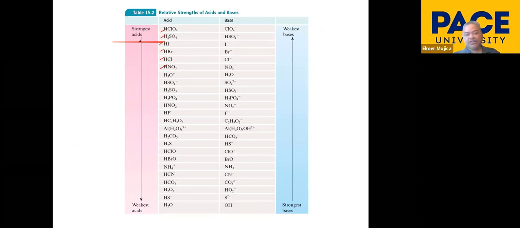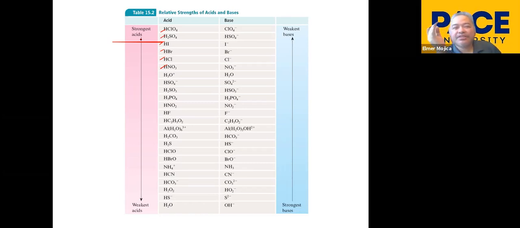Those are the strongest acids. However, their conjugate bases are the weakest. Because it's just like, if you are strong on one side, your other side will be weaker. And if you are weak on one side, the other side will be stronger.